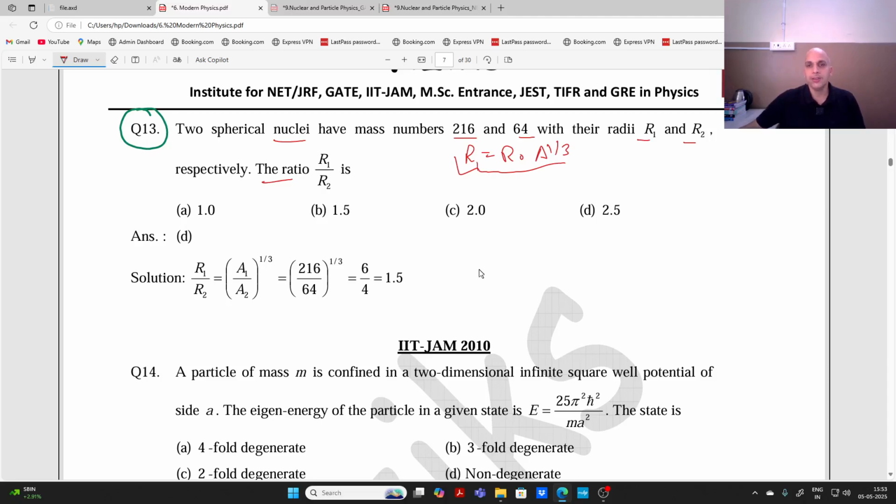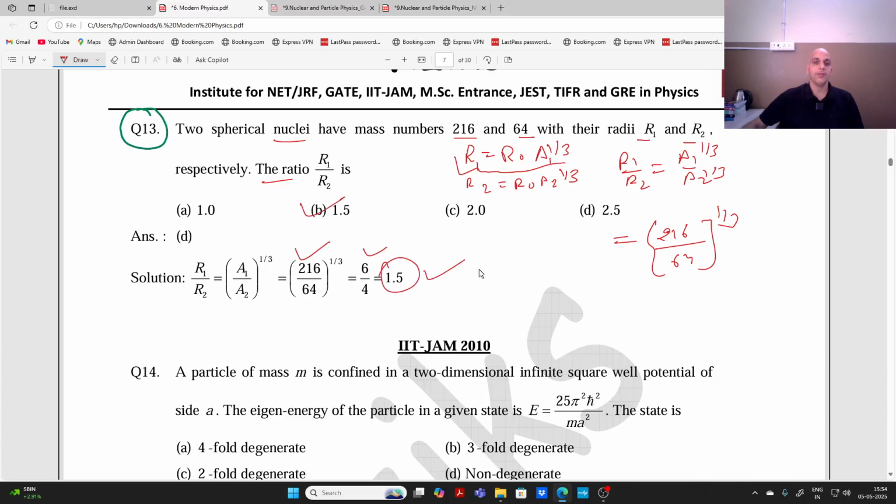So we know R1 is equal to R naught A1 power 1 by 3, R2 is equal to R naught A2 power 1 by 3. So R1 upon R2 is equal to A1 upon A2 power 1 by 3. A1 is 216, A2 is 64, power 1 by 3. It is solved here. You can see 1.5 is the correct answer.